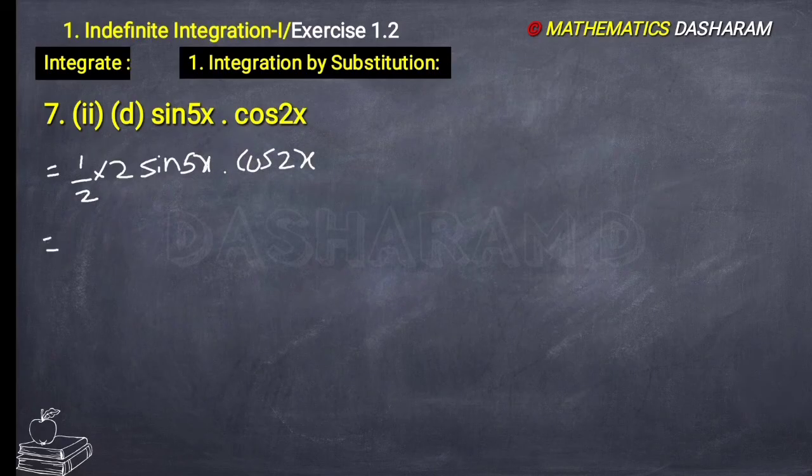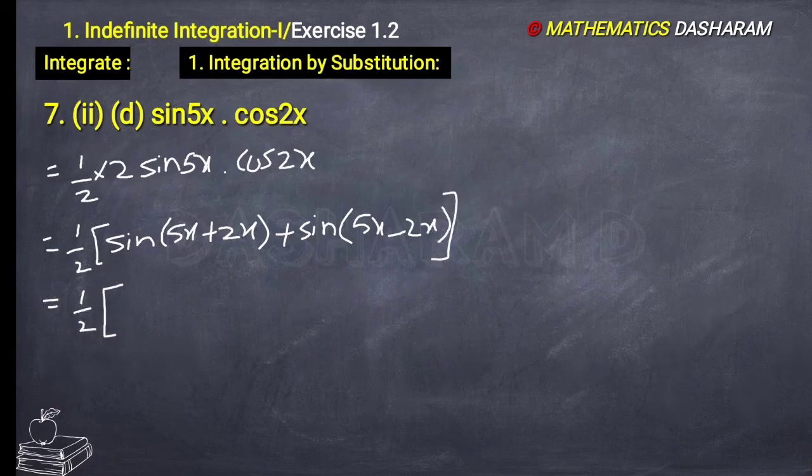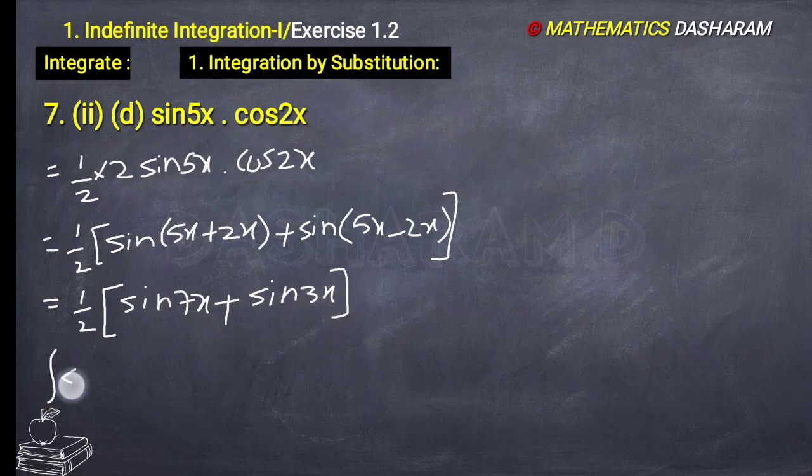It is in the form of 2 sin A cos B, so it is equal to sin(A+B) plus sin(A−B). So sin(5x+2x) plus sin(5x−2x). So 1/2 [sin 7x, since 5x plus 2x is 7x, plus sin 3x, since 5x minus 2x is 3x]. Now let us apply the integration for the given question, sin 5x cos 2x dx.